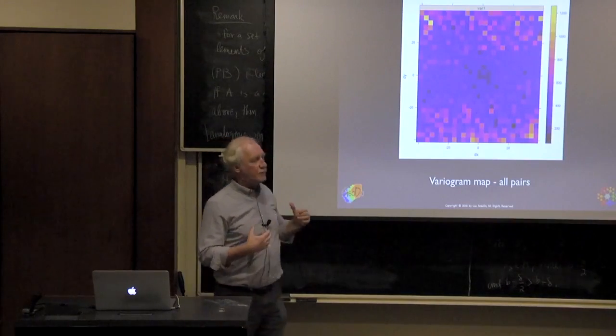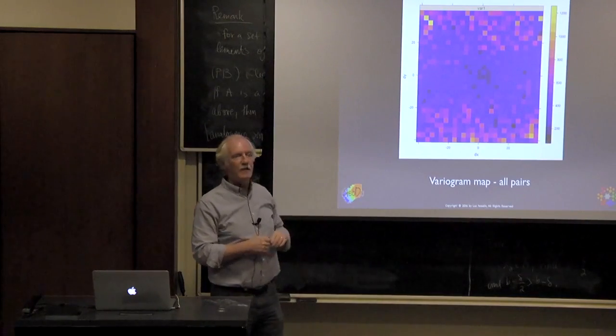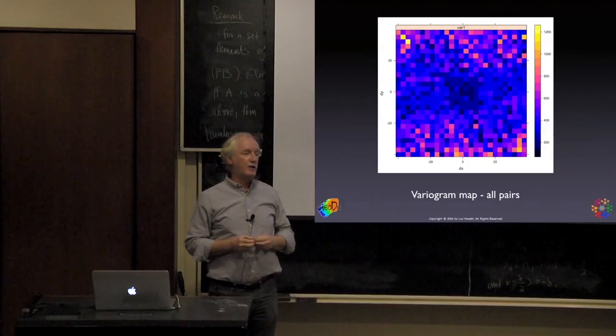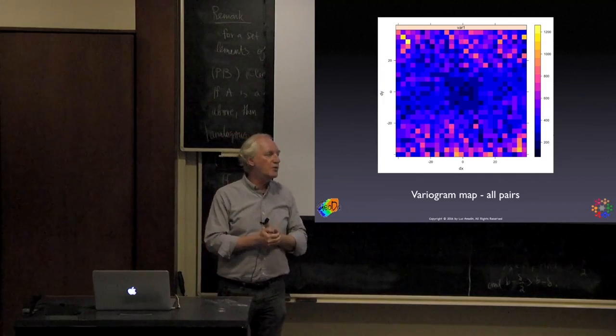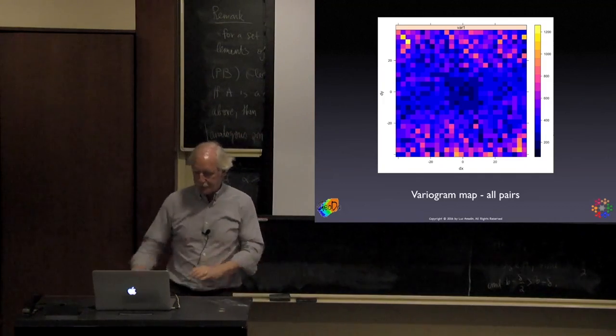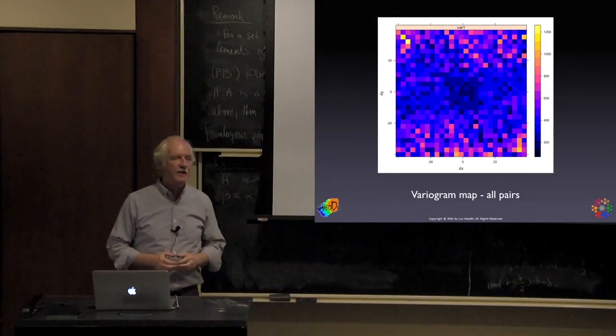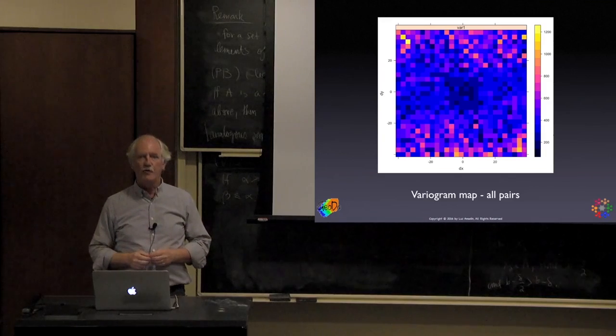When you see systematic slanted things like here, more or less, that might point to directional effects. And then in each specific case, you have to decide what to do about that. But ideally, as I said, if you want to be lazy, you want to see nice concentric patterns in this variogram map.